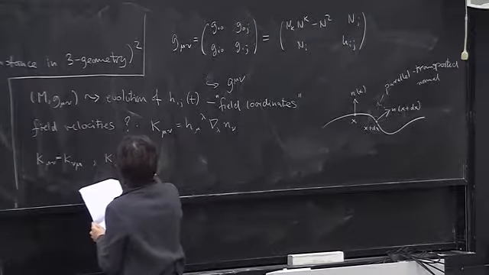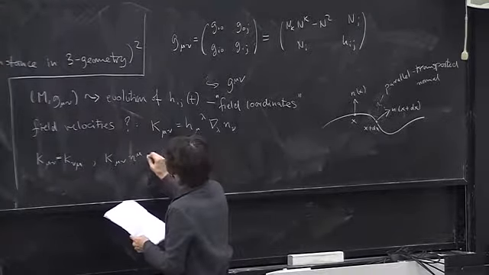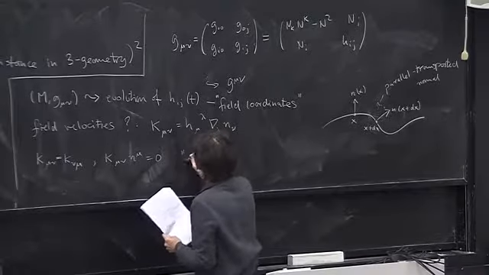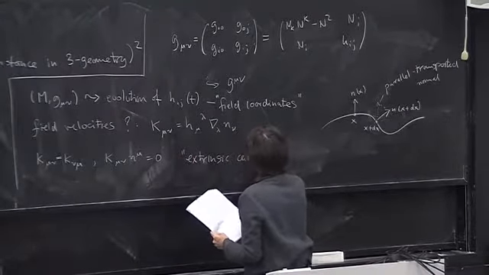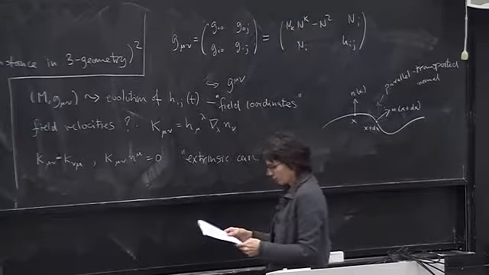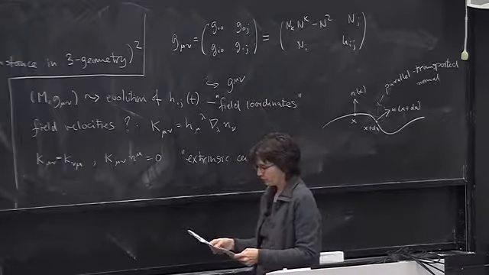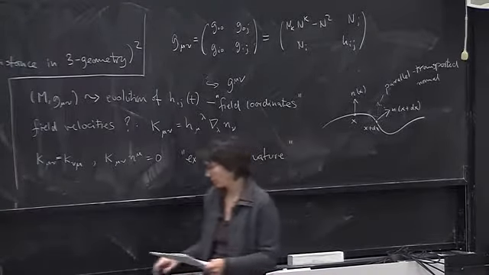So if I contract it with my normal vector, the result is 0. And it's also called the second fundamental form, if you've come across this expression already.